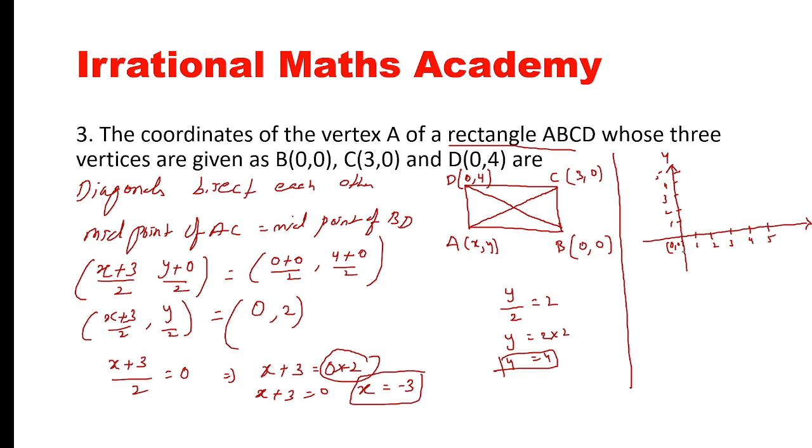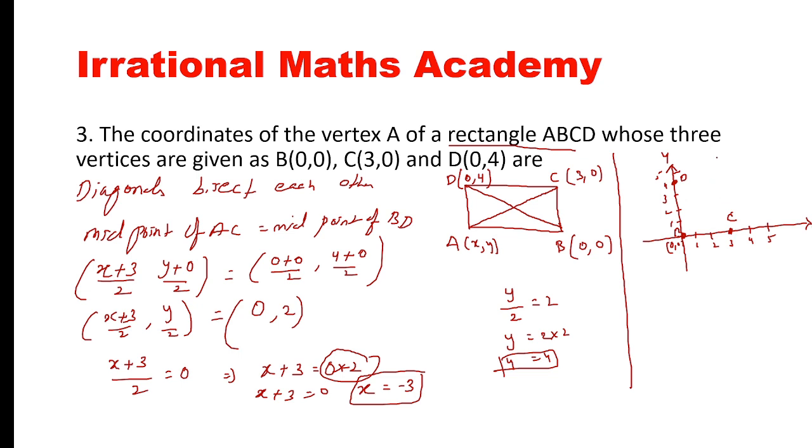Now if you see here, the coordinates are not in order. Here B is 0 comma 0, on this side. And 3 comma 0 is on the x-axis, so it is my C. D is 0 comma 4, which means it is on the y-axis. This is my D.